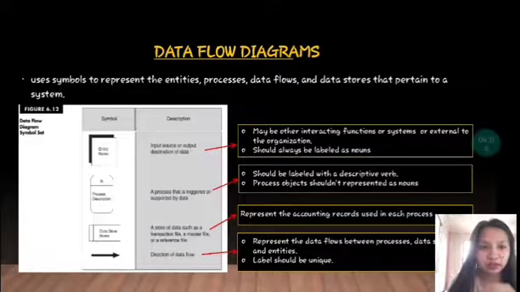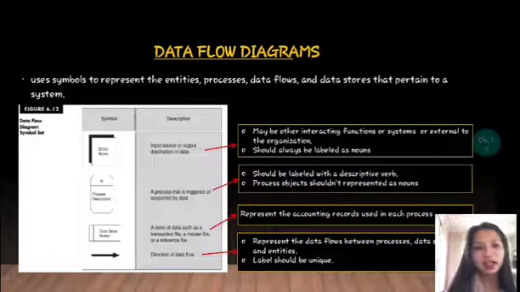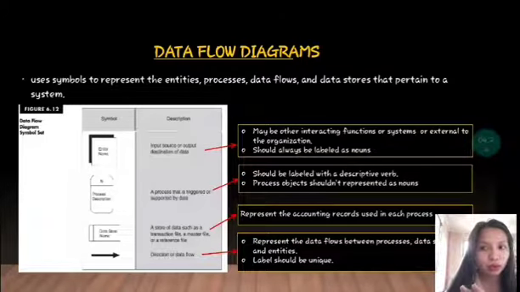It should be labeled uniquely, because the same label shouldn't be attached to 2 different flow lines. When data is being processed, from one process to another, after it comes out of another process, it will not be the same.